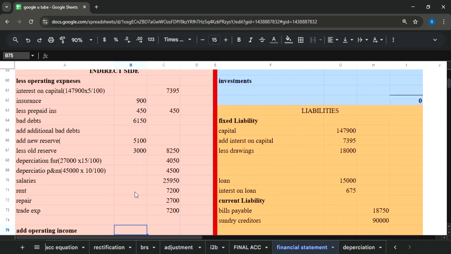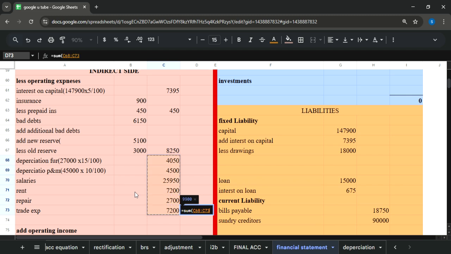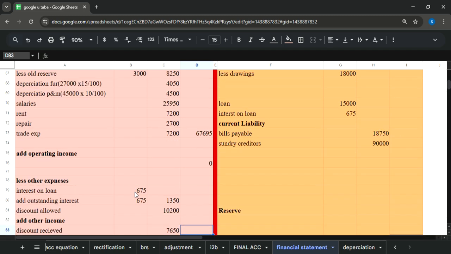Salary is already written, so it means the operating expenses side is completed. Let's take the sum of all operating expenses. In the selected area, when you take the sum of these amounts, it would be the sum of operating expenses. Operating expenses finalized, operating income is not present, 0, and then you have your other expenses.